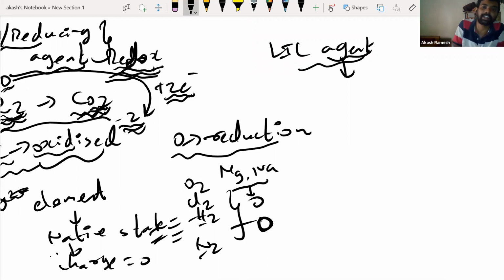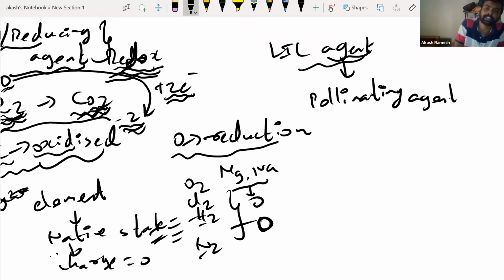In biology, you would have seen the term pollinating agents. Insects, wind, air, all these are pollinating agents.